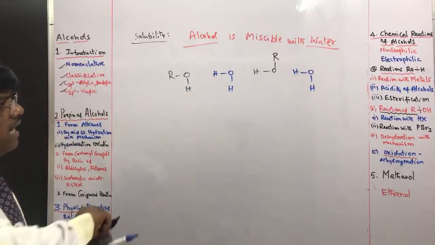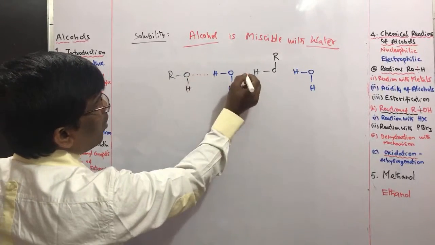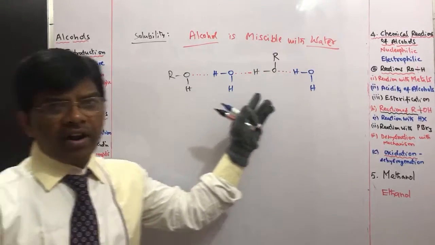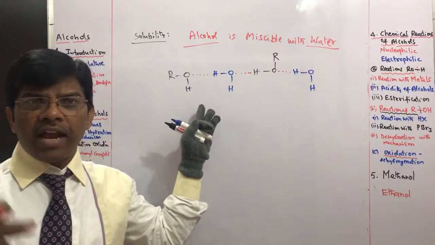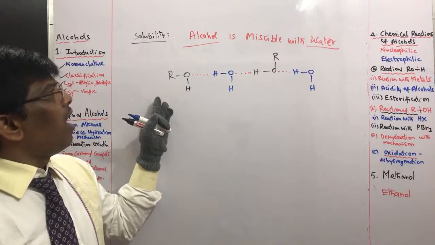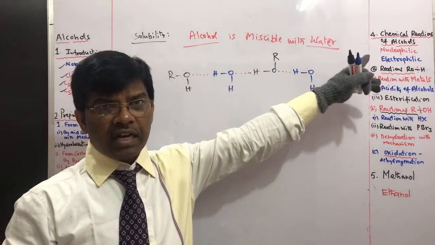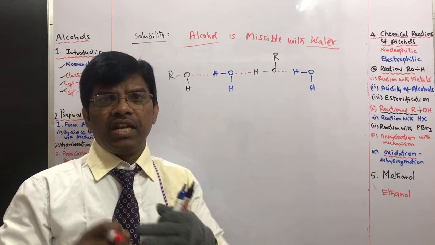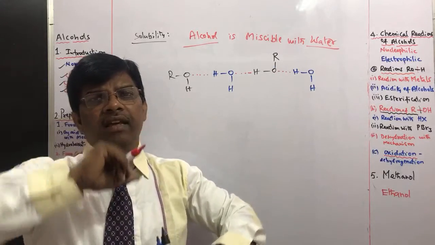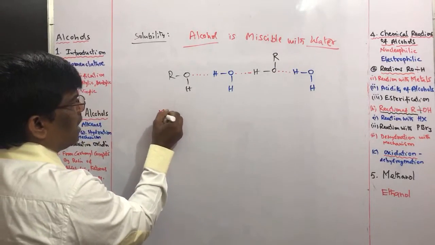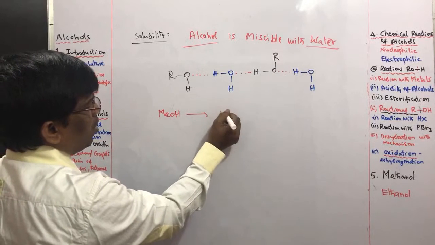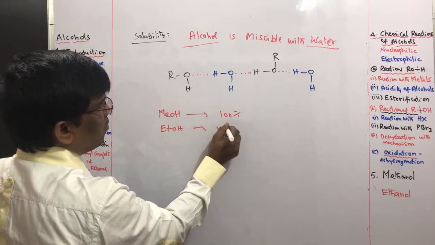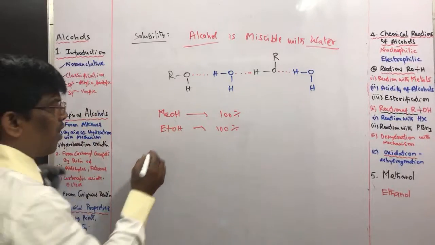This way it will have hydrogen bonding between alcohol and water molecules. Because of hydrogen bonding, alcohol is miscible with water, meaning you will get a uniform solution. It is not going to form any layer, right? So methanol is 100% miscible, and ethanol is 100% miscible. There is no layer formation.